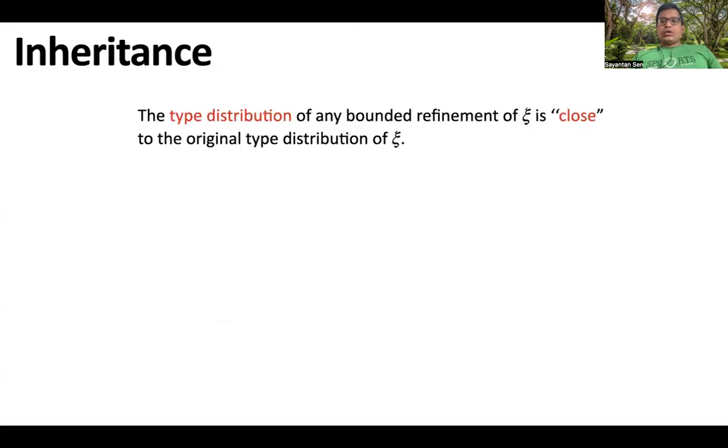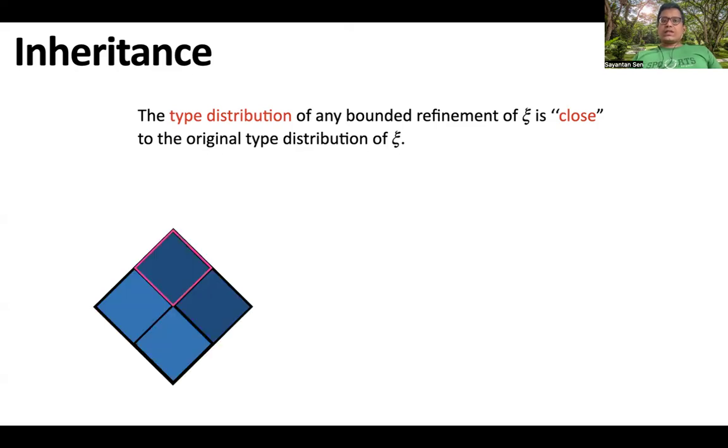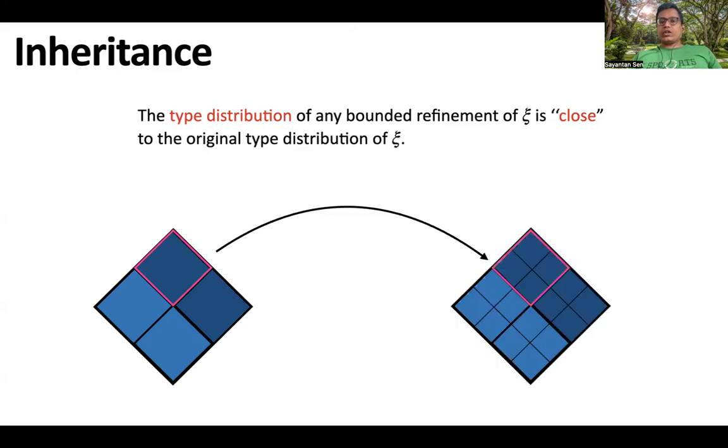Now comes the second of our ingredients, namely the notion of inheritance. Let us start with the detailing xi of a distribution. If the original type distribution of xi and the type distribution of xi obtained after refinement of bounded size are somewhat close, then we say that the type distribution of the refinement is inherited from the original type distribution of xi.